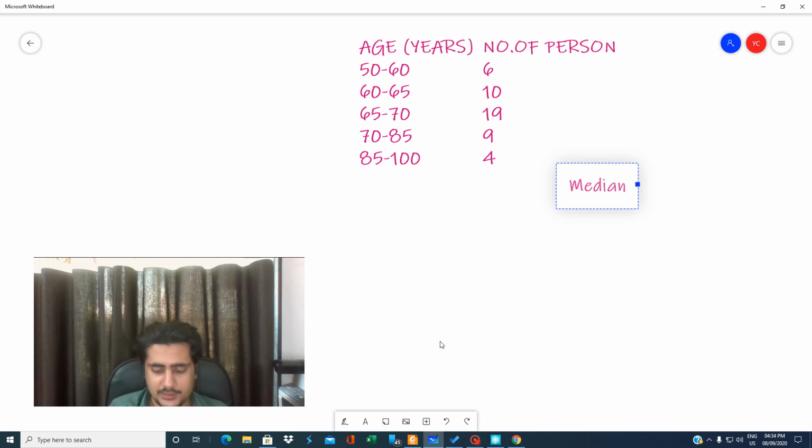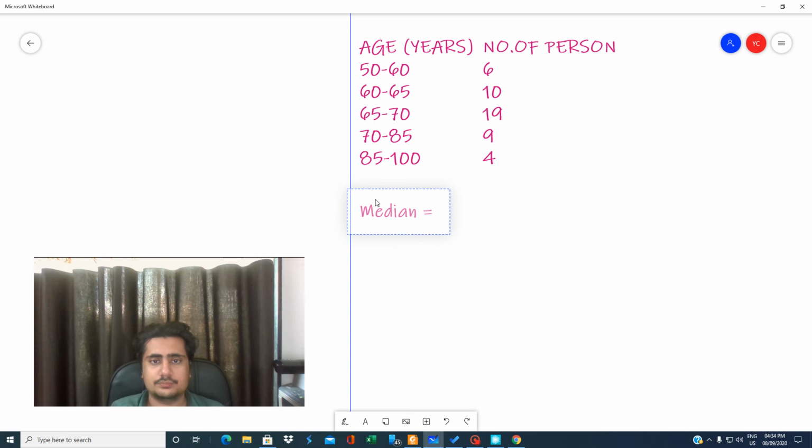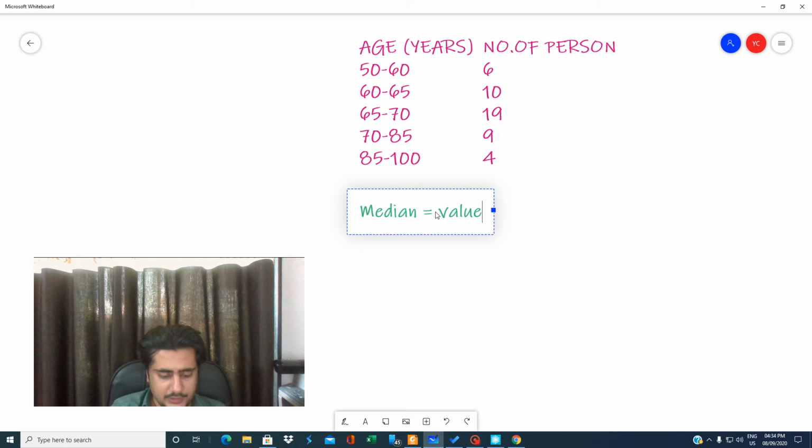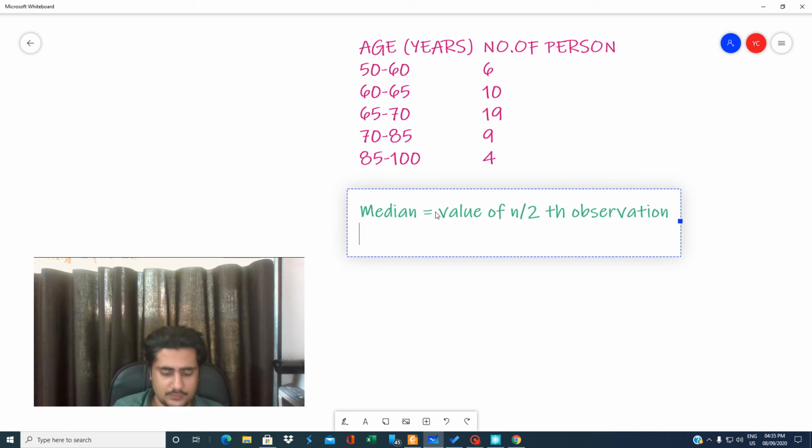Median is equal to the value of the n by 2 th observation.